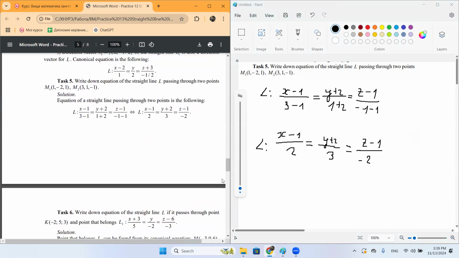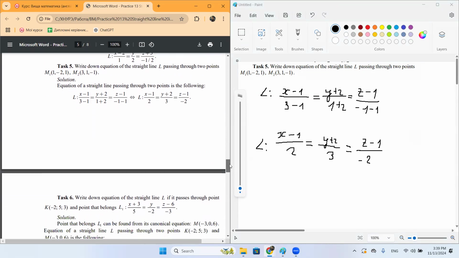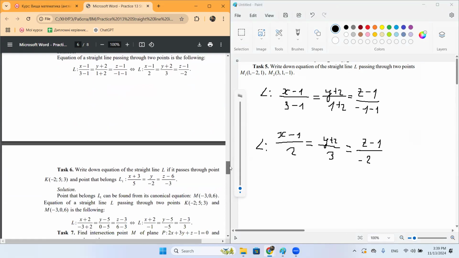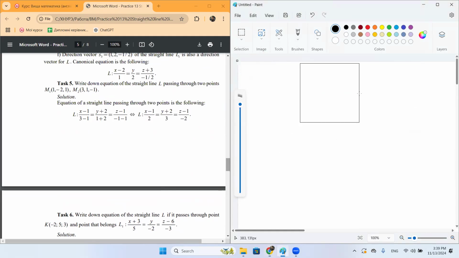So straight line that passes through point K and belongs to L1. Okay. So let's do it. So task number 6. So how to solve it? What are your ideas?